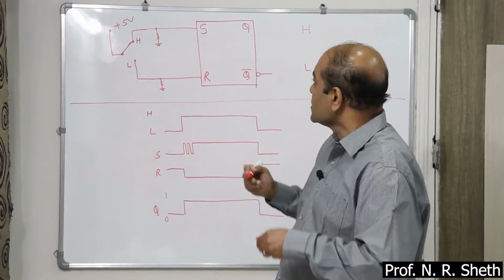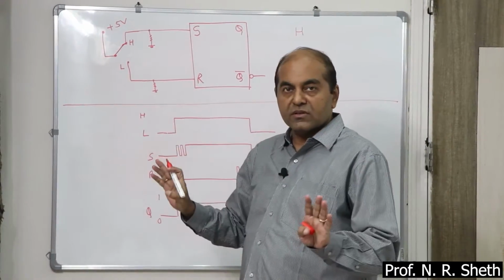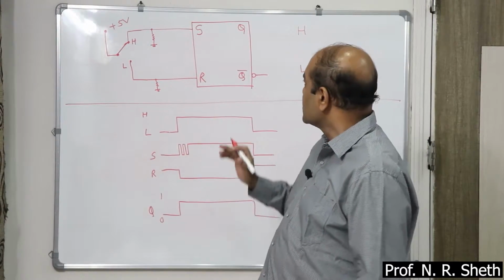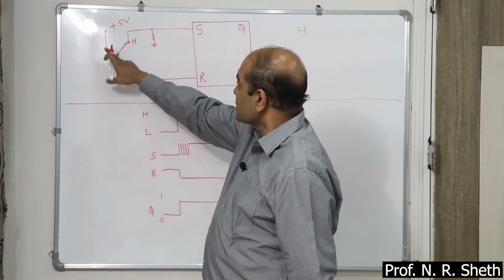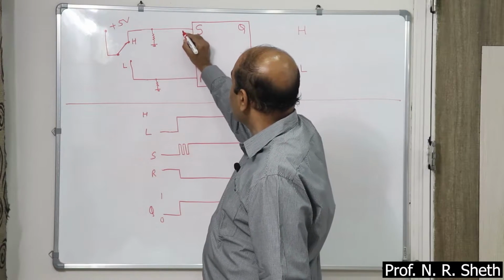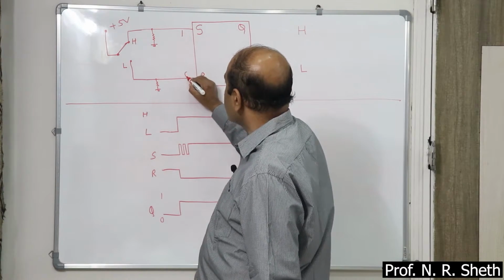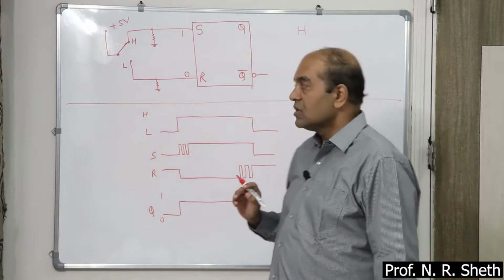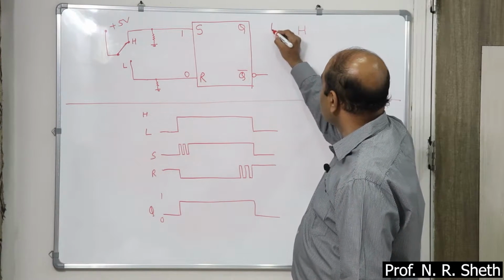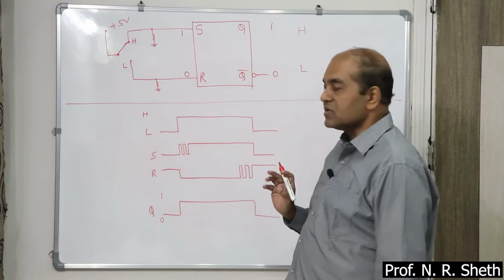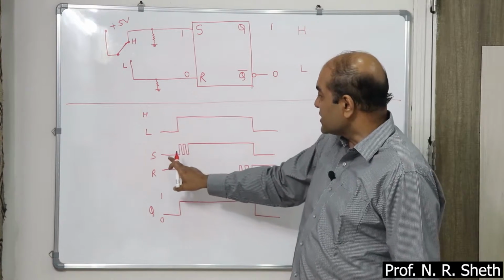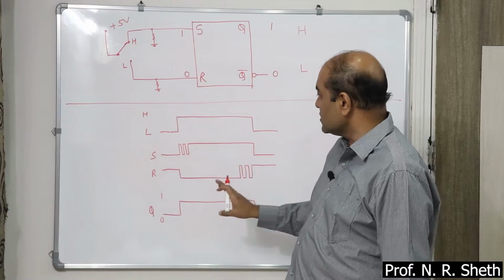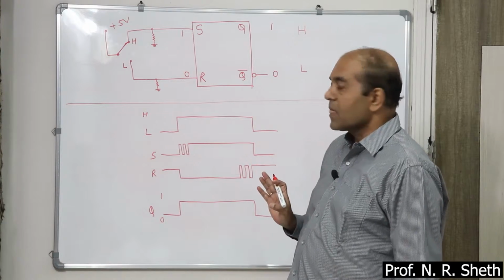Now suppose the switch is at present in this condition. That means plus 5 volt is connected here. So S is 1 and R is 0. That means Q is 1, Q bar is 0. S is 1, high condition, Q is this one.